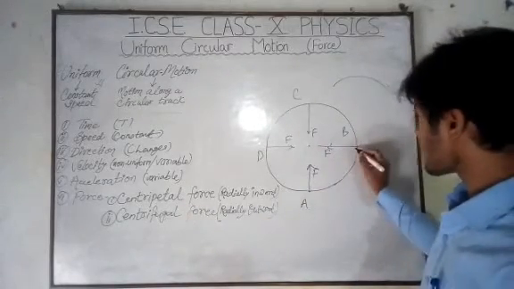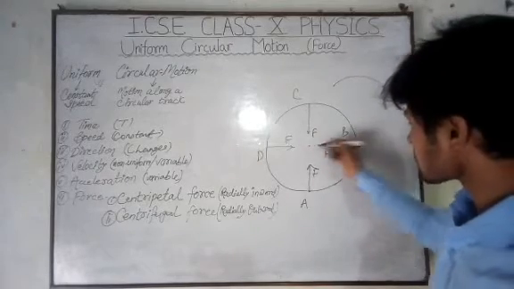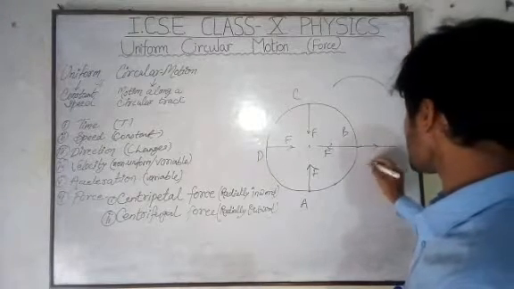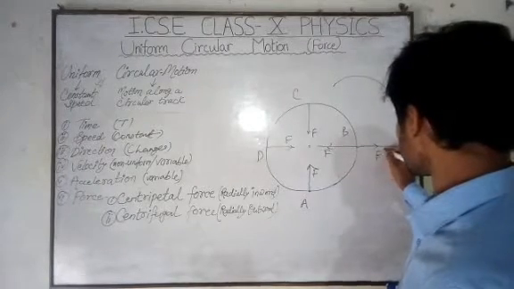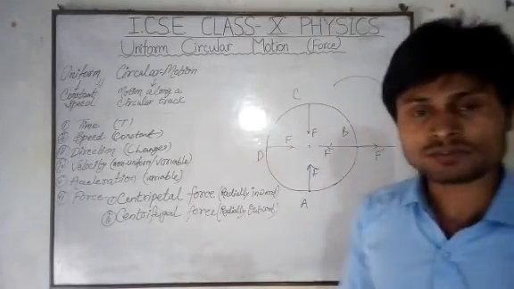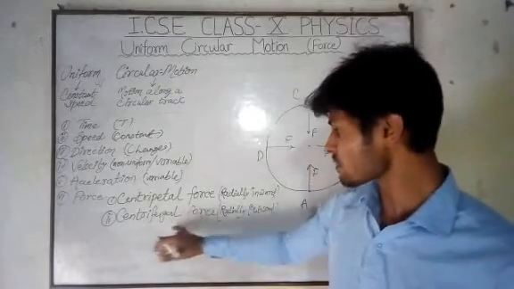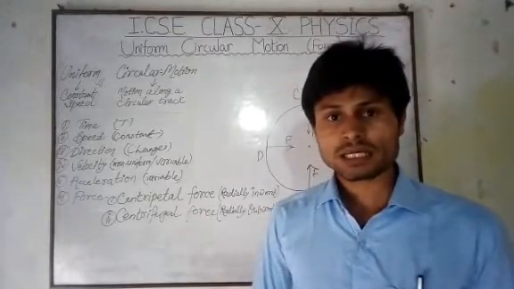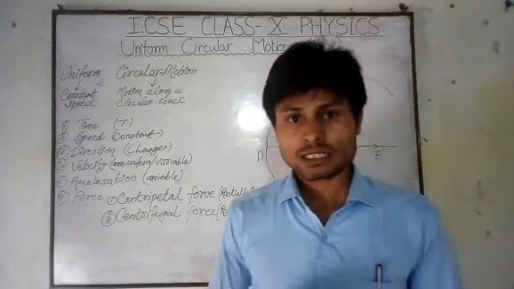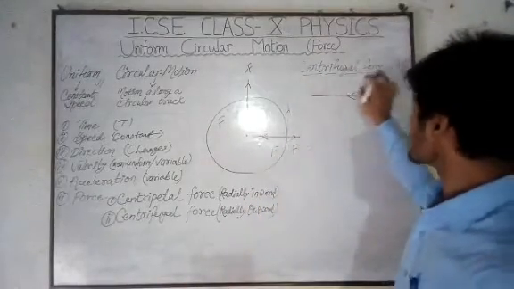Here, at the point P, if you consider a centripetal force directed toward the center of the circular track, then a force F which is equal and opposite to the centripetal force is called centrifugal force. But remember one thing, centrifugal force is not a real force. This is an assumed force. This is a pseudo force.